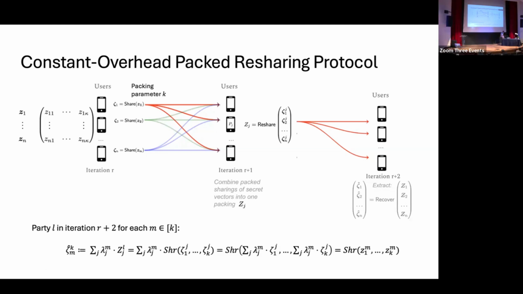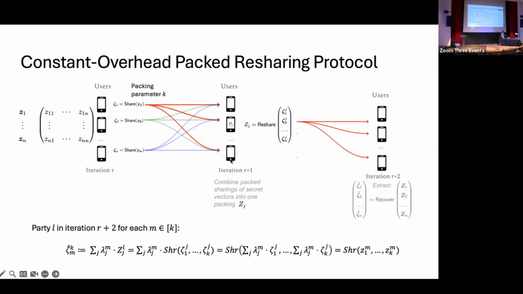What I mean by this is each ZJL is really just a sharing of these zeta shares that the parties in iteration R plus one have from the parties in iteration R. So if we take these linear combinations over the sharing space, what we're doing is just reconstructing in the secret sharing space, as I said before.